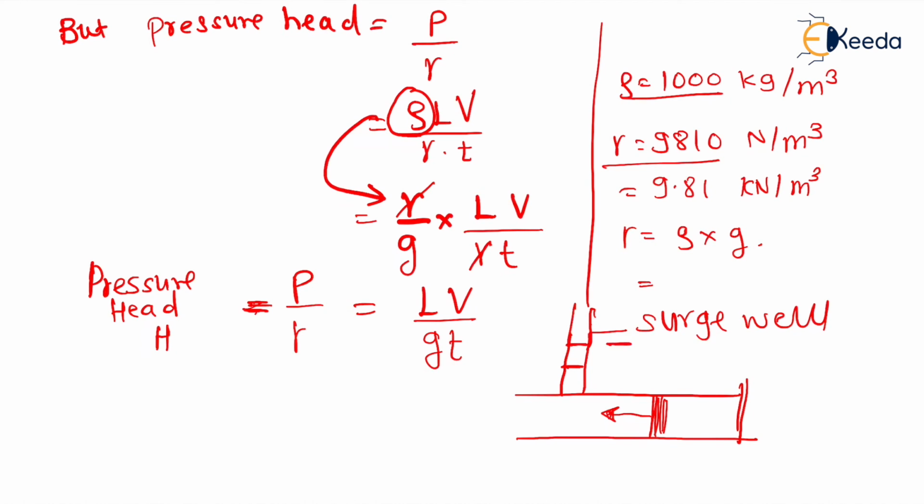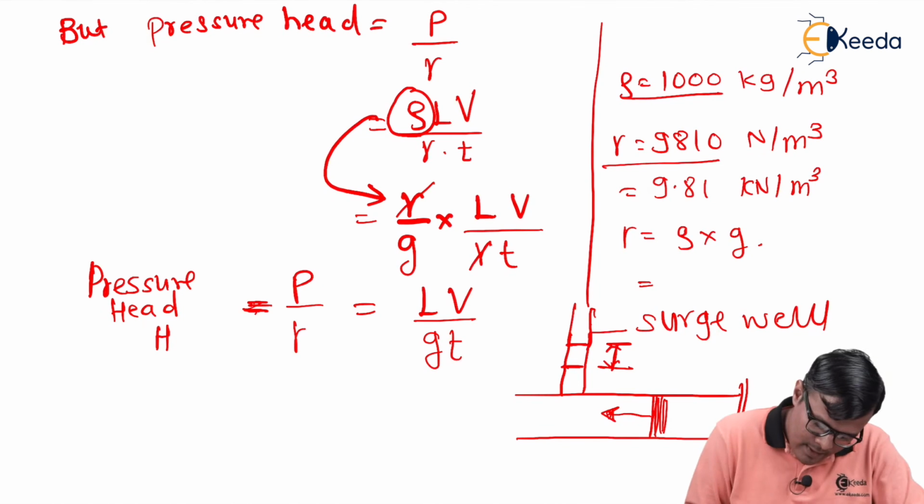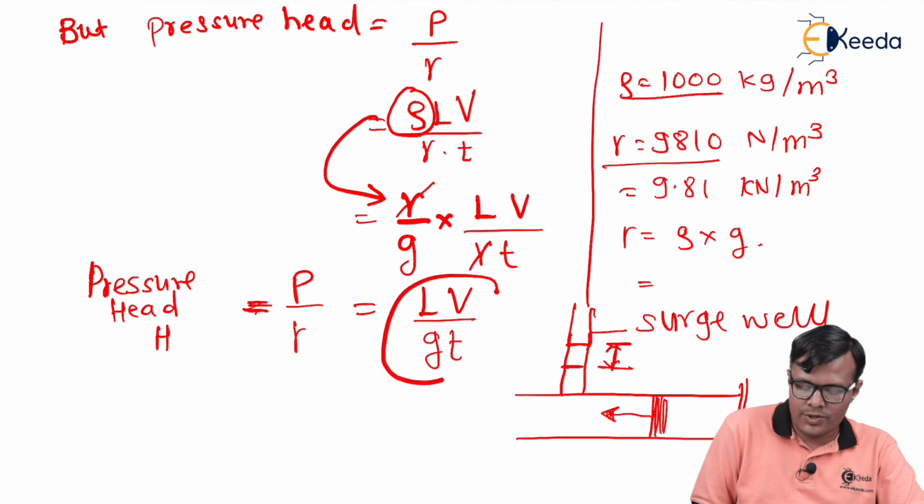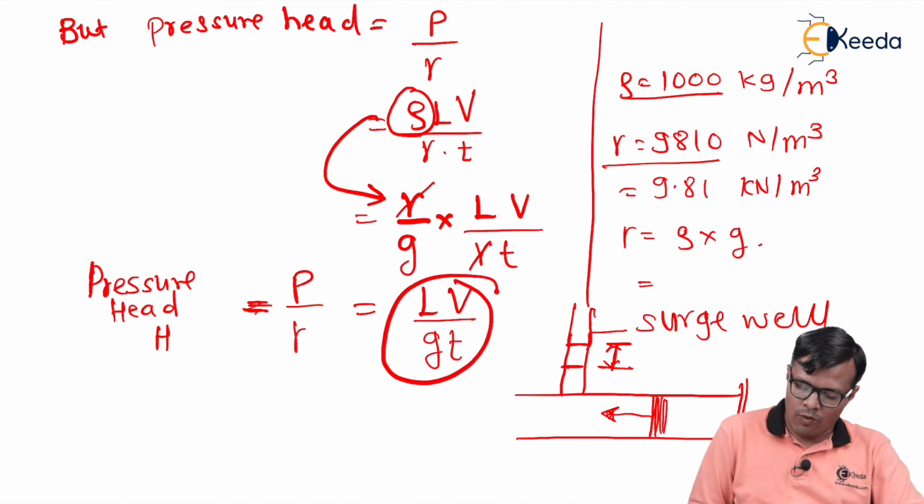So this change in level is nothing but LV upon gT in case the wall is gradually closed. That's all. Thank you.